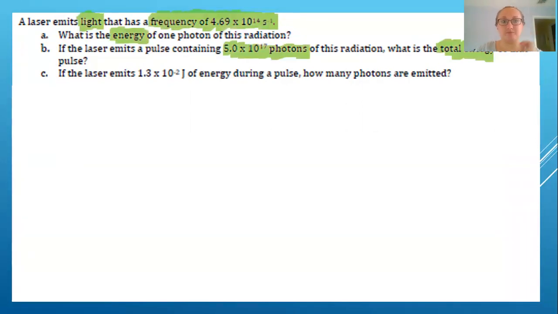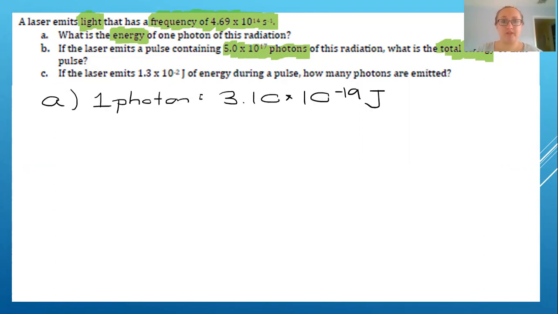Let's move to part B. If a laser emits a pulse containing 5.0 times 10 to the 17th photons of this radiation, what is the total energy of that pulse? So I've already highlighted how many photons I have and what I'm being asked for, the total energy. I know from part A that one photon has 3.1 times 10 to the negative 19th joules.